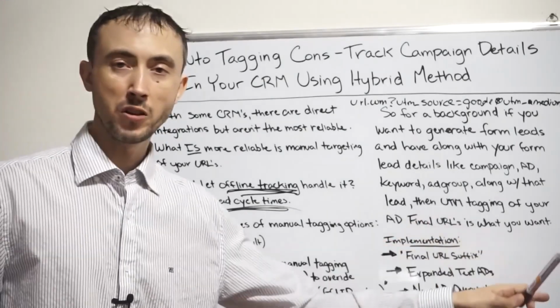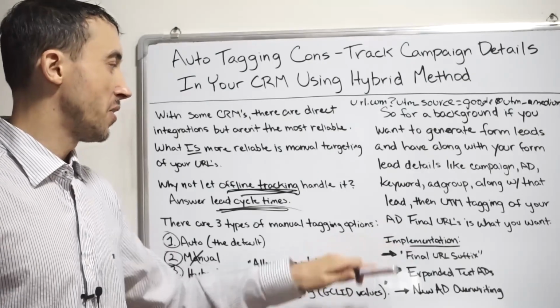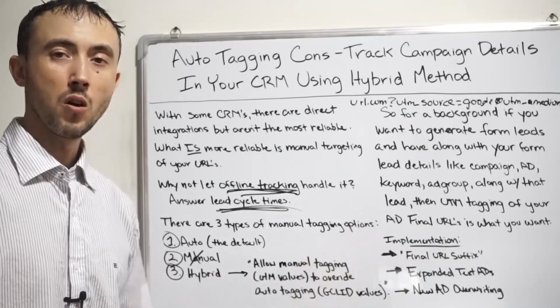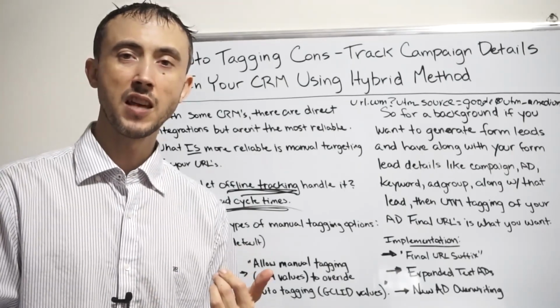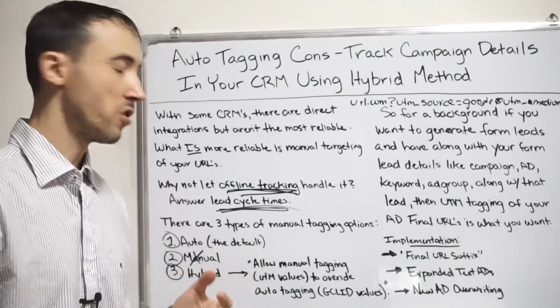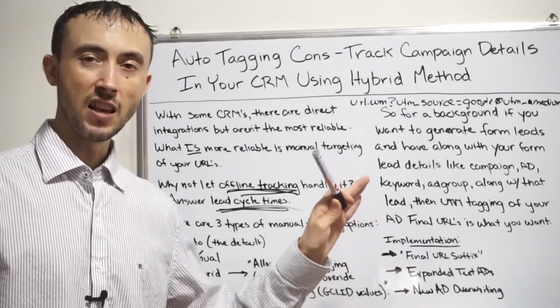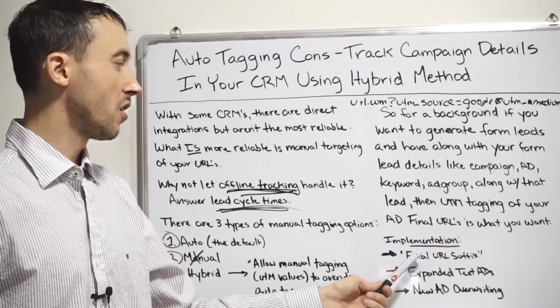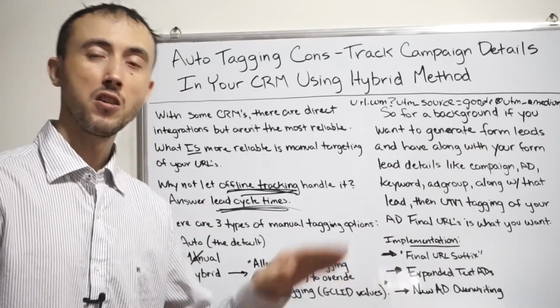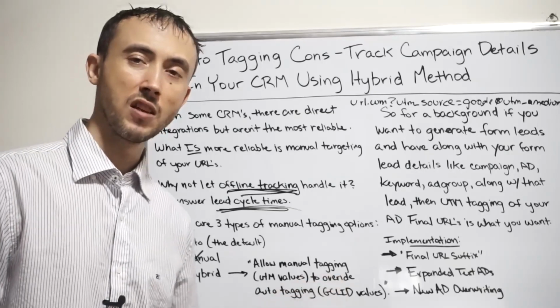There are a few small other considerations here. If you are using responsive text or display ads, which is the new version of Google Ads, instead of adding these UTM tags at the end of the final URL, you can add them under advanced URL options.